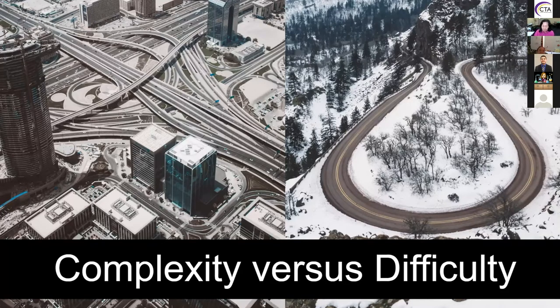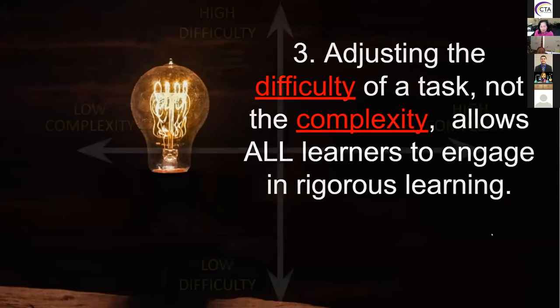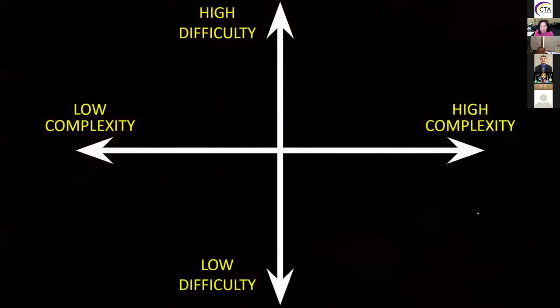Next, please. So what I wanted to share with you is that adjusting the difficulty of a task, again, not the complexity, allows all learners to engage in rigorous learning. This can happen. Next, please. So what this means and how this looks is you always want to be more on the right side.